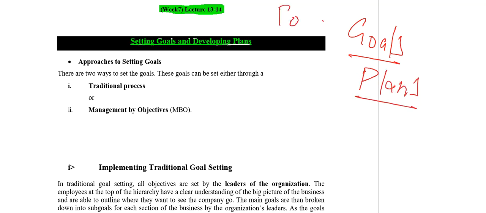Now we will try to understand how we can set the goals and how we can develop plans for our organizations.